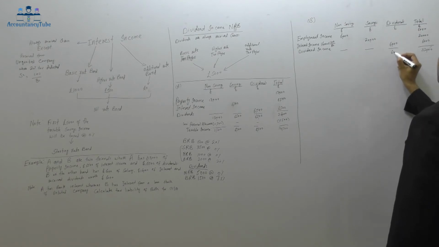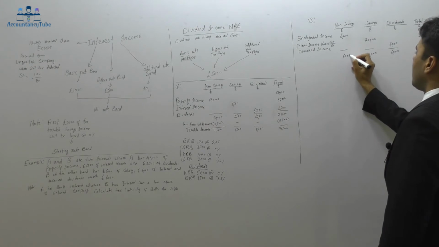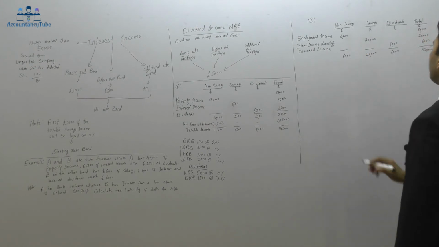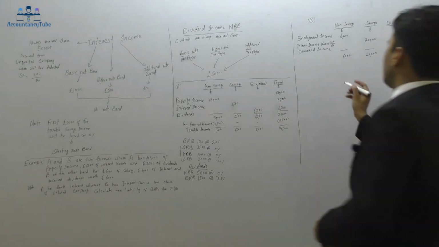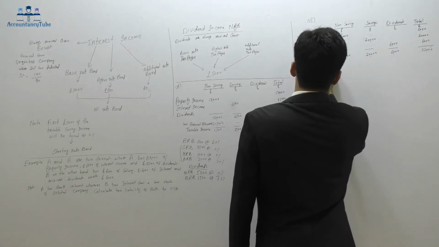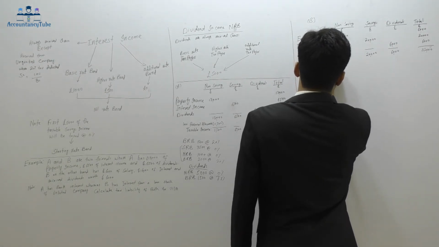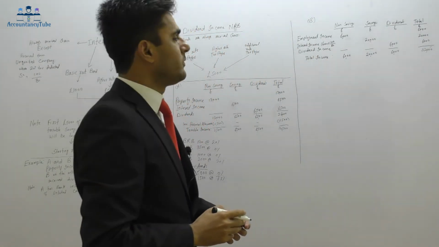So 6,000, 6, 12, 20, £32,000. Alright, so that is our total income, £32,000 in total.